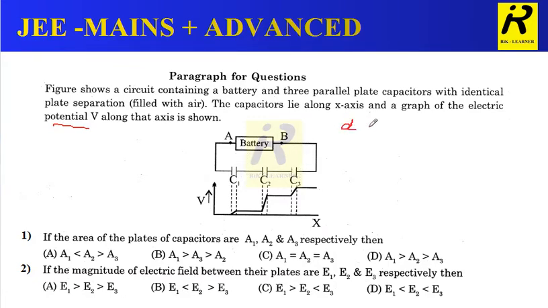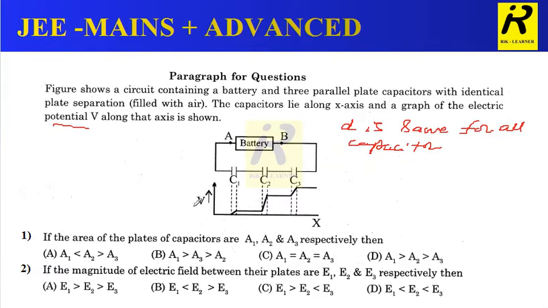The plates of these capacitors are the same, so D is the same for all capacitors. That is one of the clues, and the battery is connected to these three capacitors in series. The graph reveals the potential difference across each capacitor in its own manner.